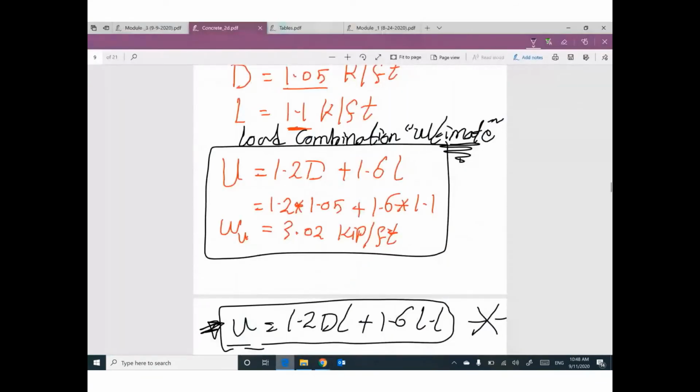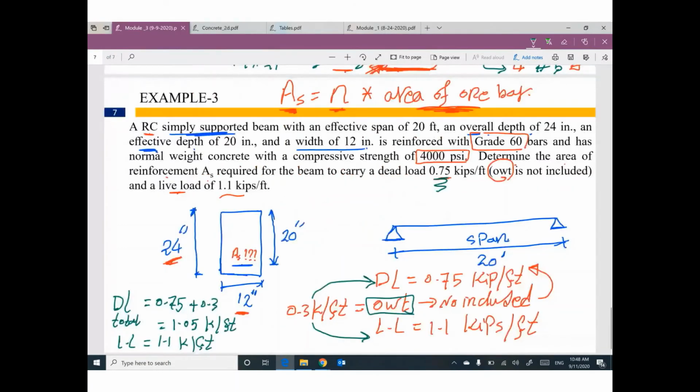So guys, finally, your final load on the beam, which is called ultimate load, is 3.02. So this beam has a uniform distributed load W ultimate equal 3.02 kips per foot.